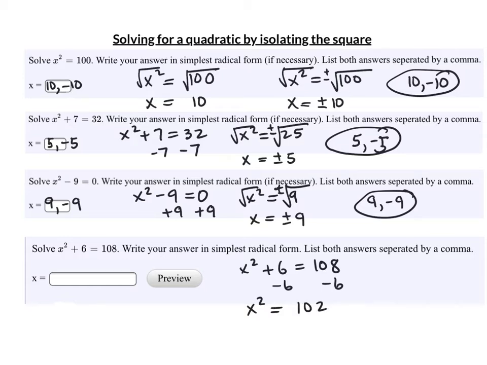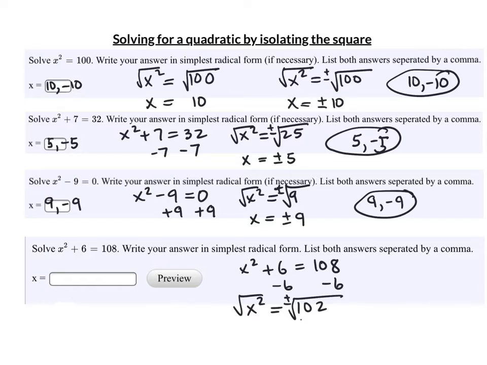And we'll take the square root of both sides. And just like we did before, we'll put a plus or minus here because there are two numbers squared that make 102. One is the square root of 102, positive, and the other is negative square root of 102.